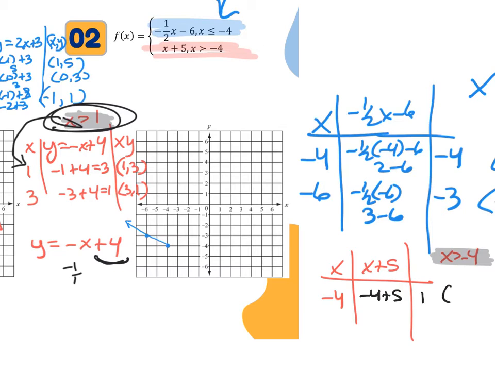And this gives me 1, so -4, 1. Then I can pick any random number I want that's bigger than -4, so I could plug in 0, and I get 0 plus 5, and I get 5. So then I would graph the ordered pair 0, 5. So open circle here at the -4, +1.